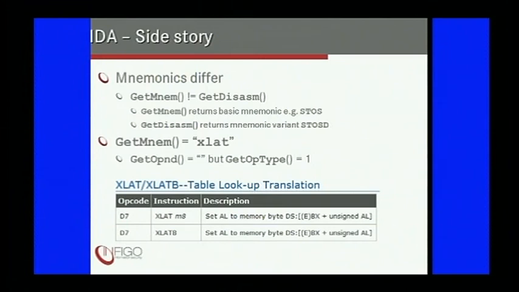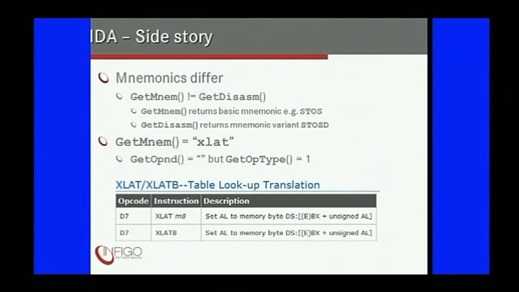So, in cases like this, if you analyze the semantics of instructions, you'd like to have the disassembly from get disasm. This gives the representation that is shown to you on the screen. So get disasm and get name differ, and you should notice this if you analyze semantics of instructions.